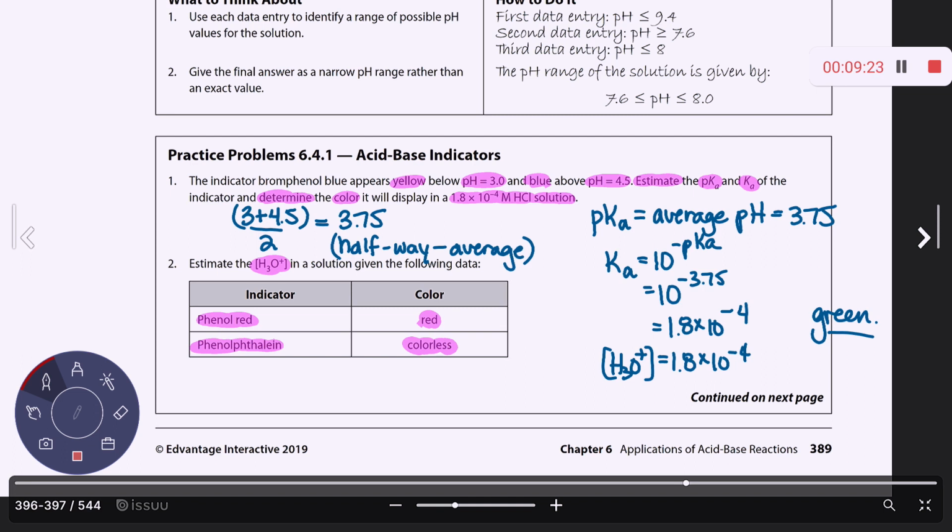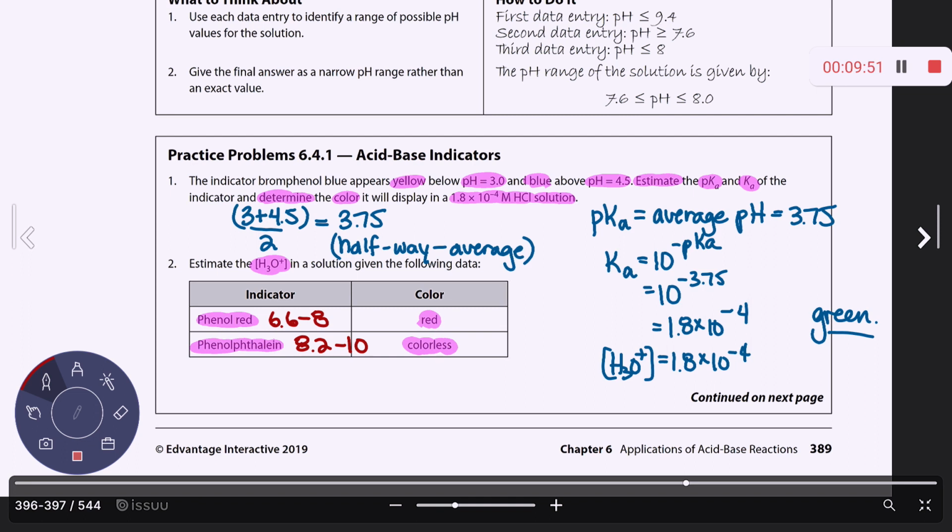Is phenol red in there? It says 6.6 to 8.0. It's red. And then phenolphthalein is changing colors when? 8.2 to 10. So you've got to be less than 8, probably, or 8.2.